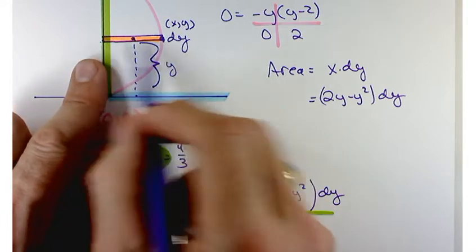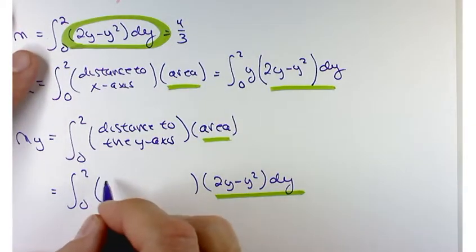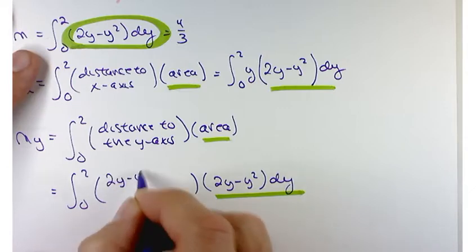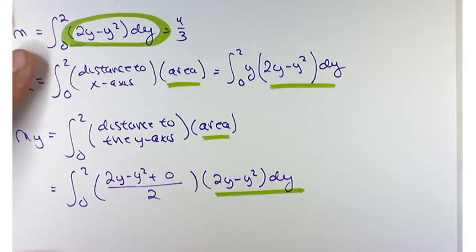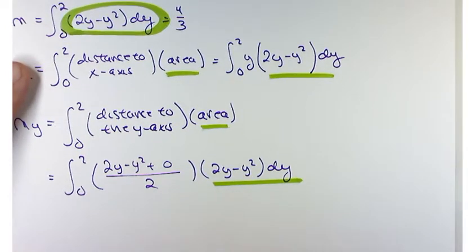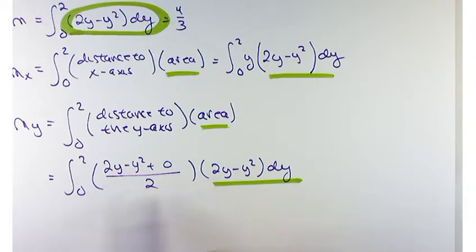So basically, it's just going to be this plus this divided by 2. So 2y minus y squared plus 0 divided by 2. The 2, that's a factor that can come out in front.